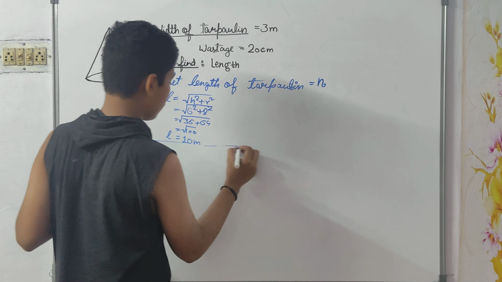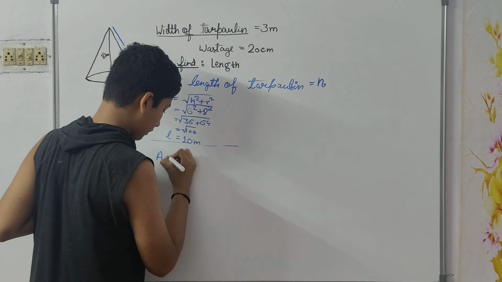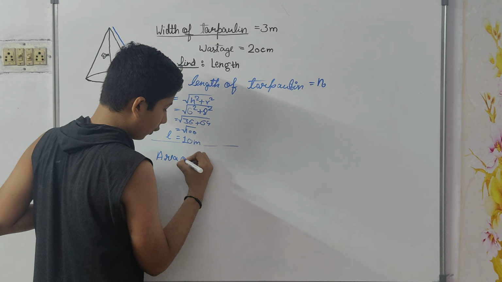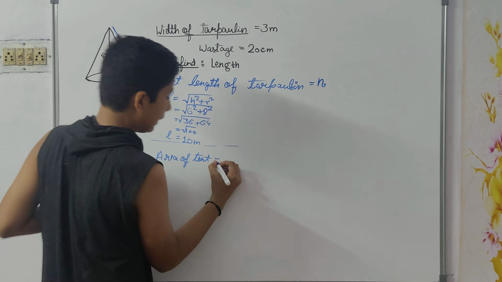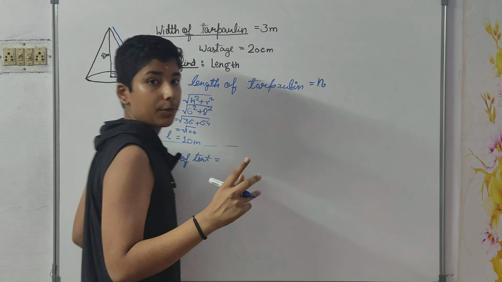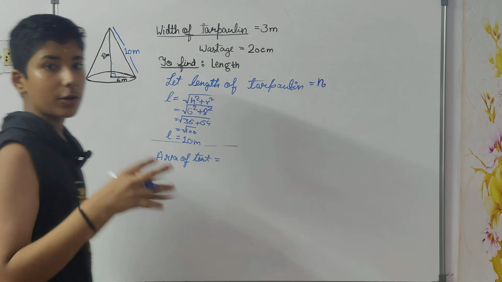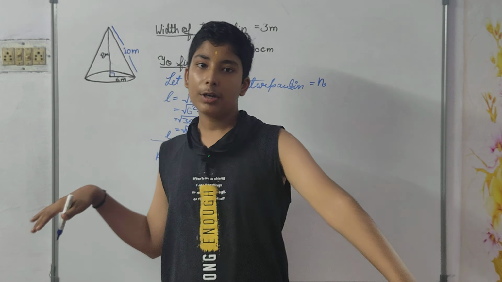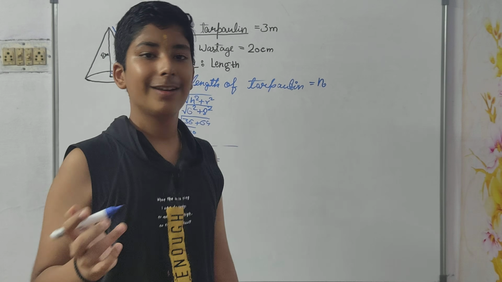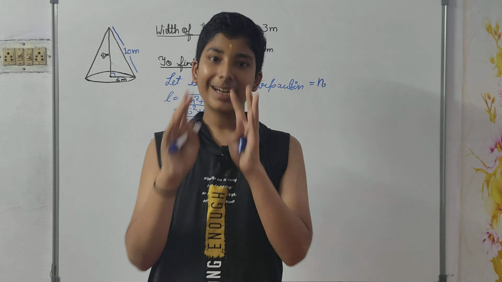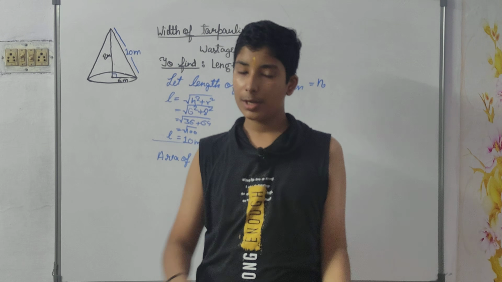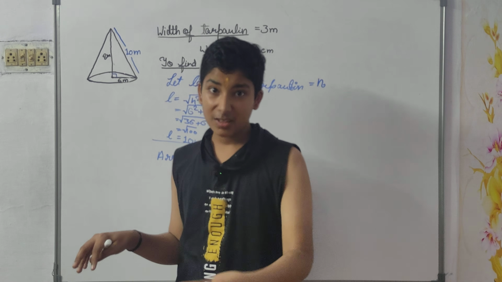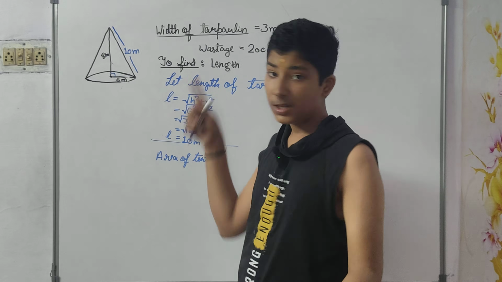Now, area of tent equals to, so obviously we all know that the base is not covered in making the tent. For example, when you are making a tent, will you cover its base with a tarpaulin?